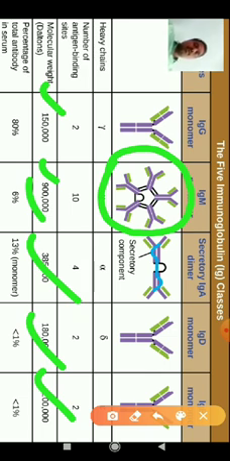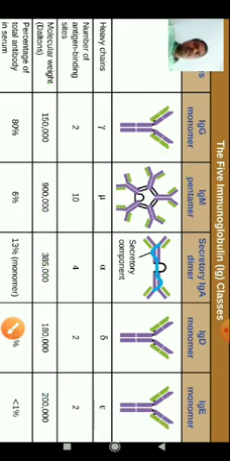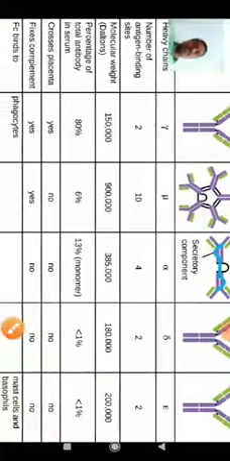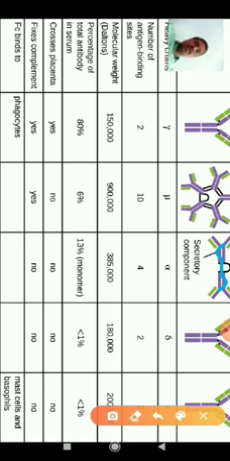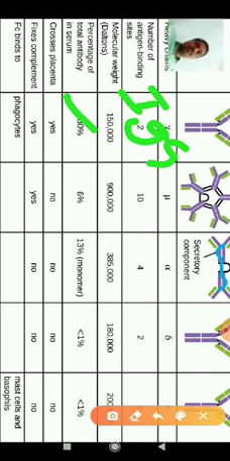So these are the third type of antibody character. And the next one is the percentage of the antibodies present in the plasma serum. IgG is present as 80% in plasma serum, and IgM is only 6%.